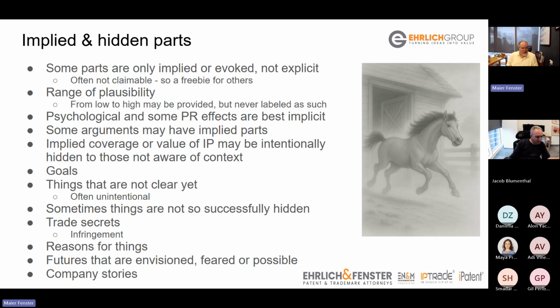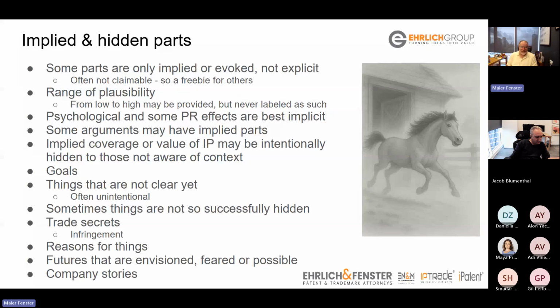When we write an application, some of the embodiments are more plausible and some of them are less plausible. Okay? So there's a range of plausibility in your application, starting from ha ha ha to wow, I believe this is going to work. Where can I invest? You're never going to say, here's my range.